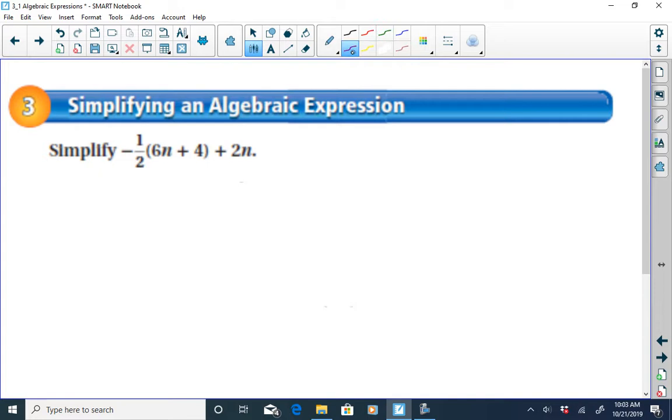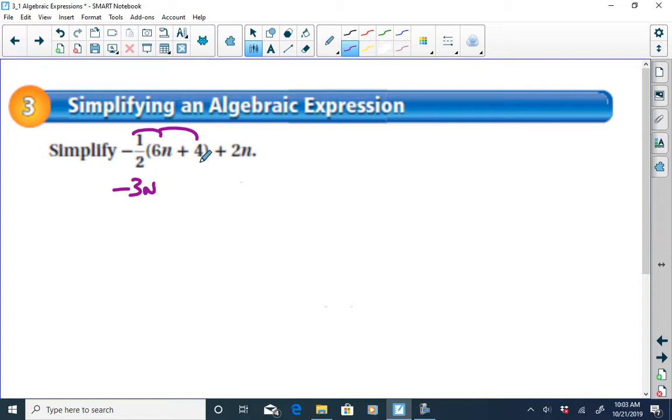Now we want to be able to use the distributive property to simplify an expression. When we use the distributive property, we're multiplying a sum or a difference. Here we're multiplying -1/2 times the sum of 6 times the number and 4. So I take that -1/2 that's outside of the parentheses, and I have to multiply that by each of the terms in the parentheses. The opposite of 1/2 times 6n, that's -3n.